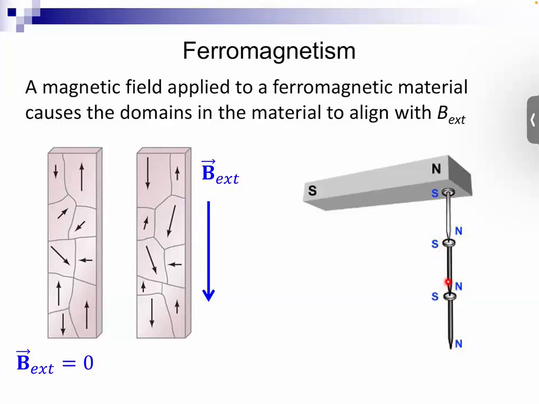Right? The magnetic fields in the second nail influence the magnetic domains in the third nail. The electrons in the third nail align themselves so that the north pole is attracted to the south pole of the second nail, and so on. Right? So in a ferromagnet, the iron nail, or the ferromagnetic material, becomes magnetic if you bring it close to an external magnetic field, like a magnet or a current.